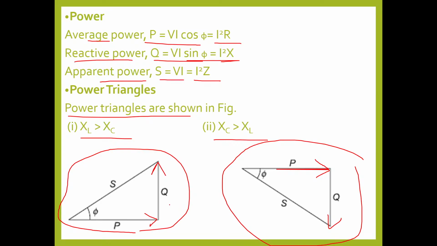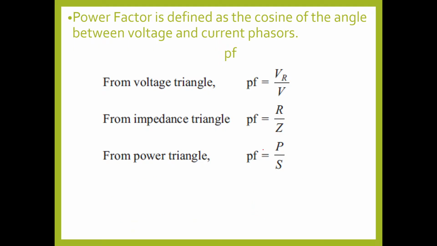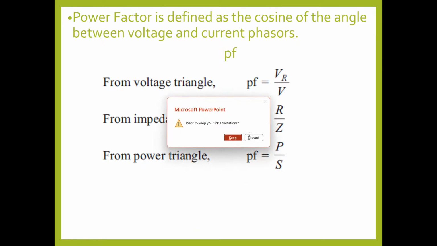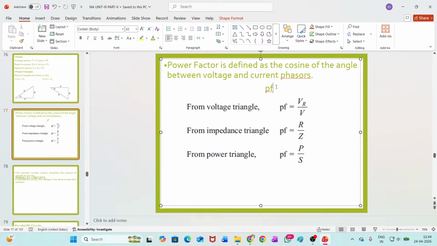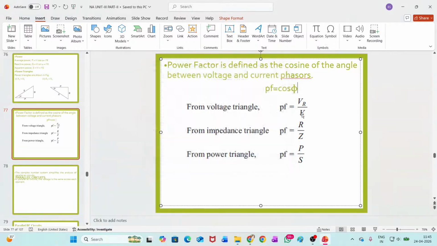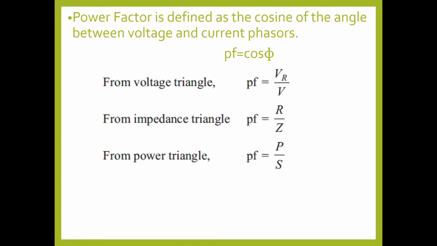Now we can even determine the power factor. PF is equal to cos phi. So I will write that. PF, power factor, is cos phi.